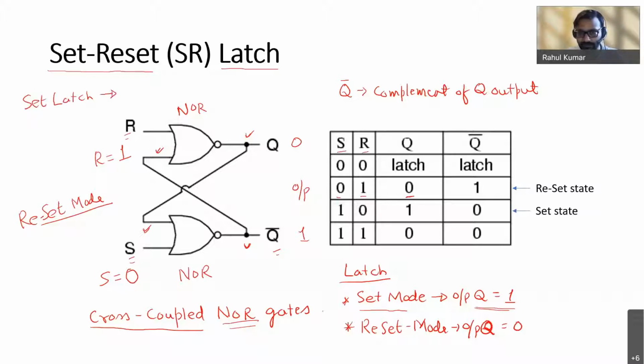If you want to set, S input should be 1. If you want to reset, R input should be 1. The output in set mode is 1 and in reset mode is 0.